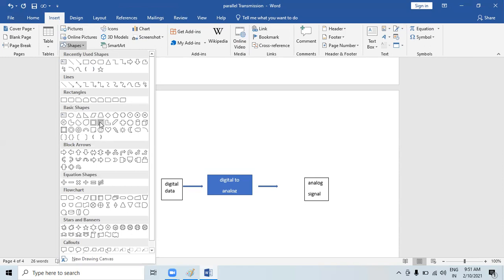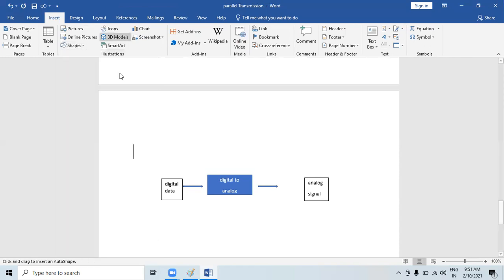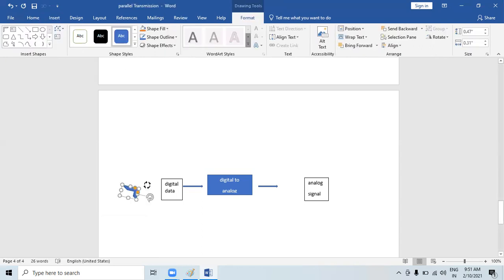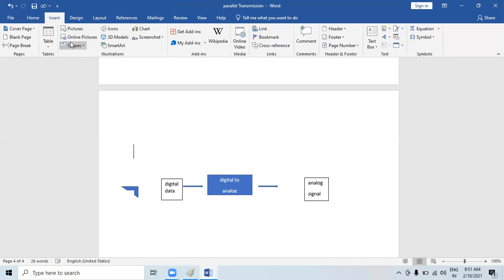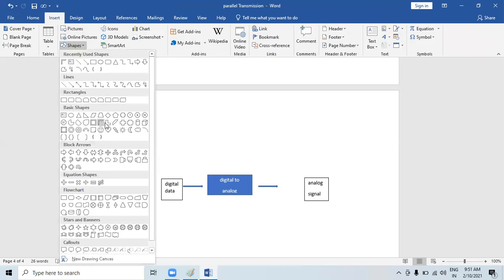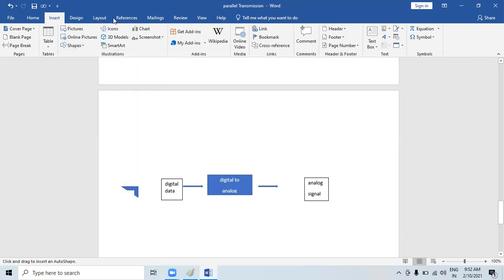In an analog signal it forms a waveform, and digital is a non-continuous form, which we have already studied.